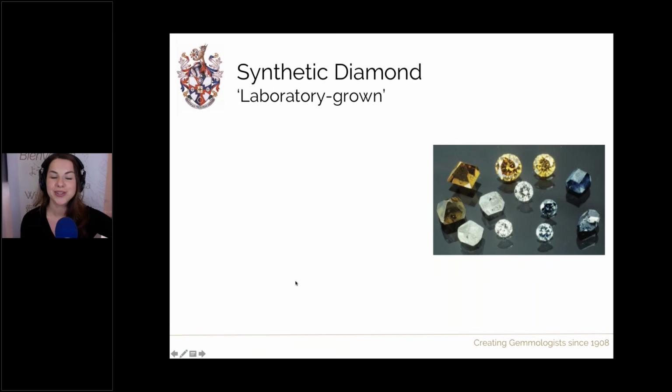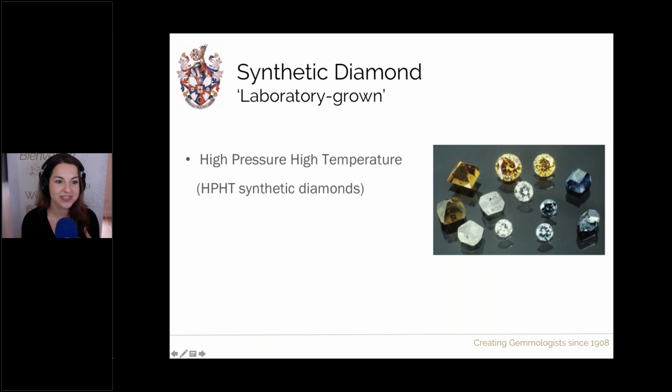And moving on now to our last gemstone that we're going to talk about in this lecture. So this is synthetic diamond, also known as laboratory grown or lab created diamond. So in some places we're moving more to saying lab grown diamonds, particularly in the USA. So this can currently be made with two main types of synthesis processes.